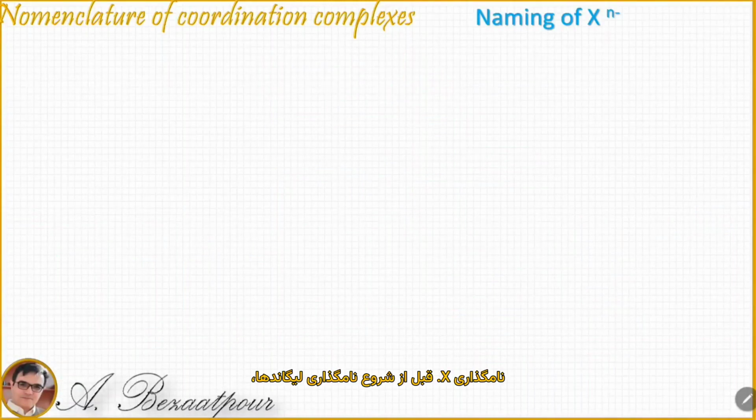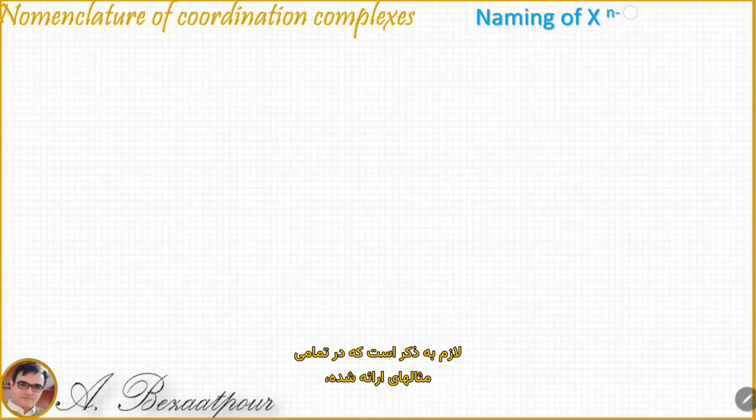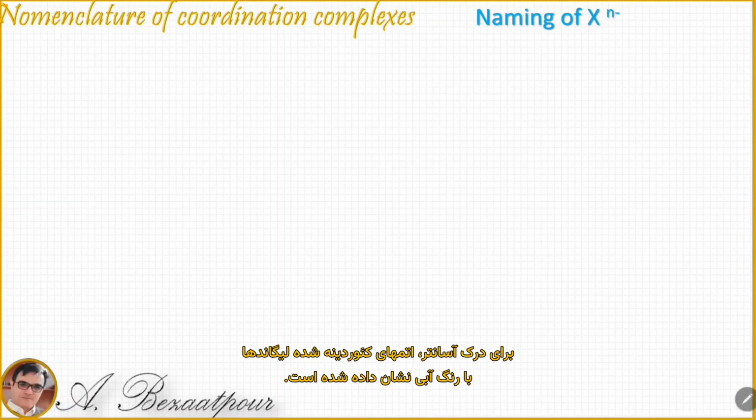Nomenclature of X. Before starting, it is necessary to mention that in all the examples presented for easier understanding, the coordinating atoms of ligands are shown in blue color.